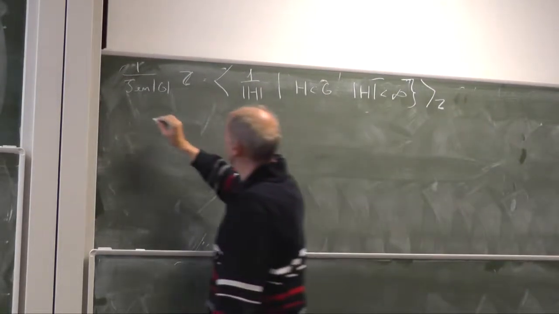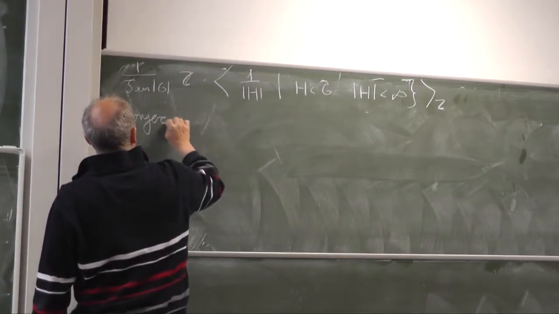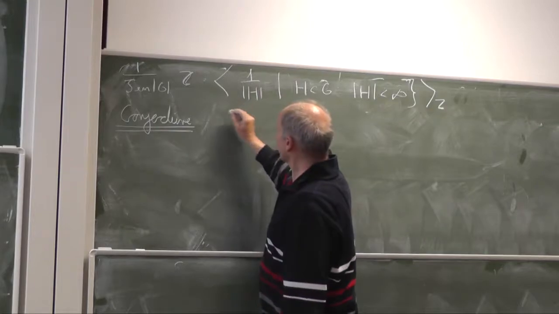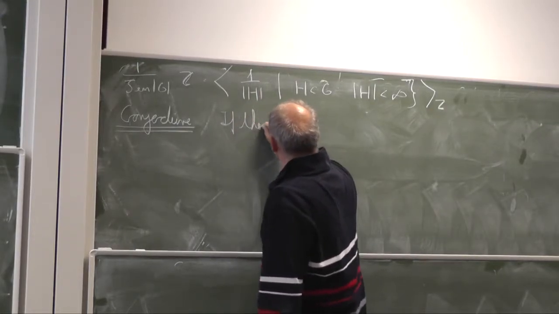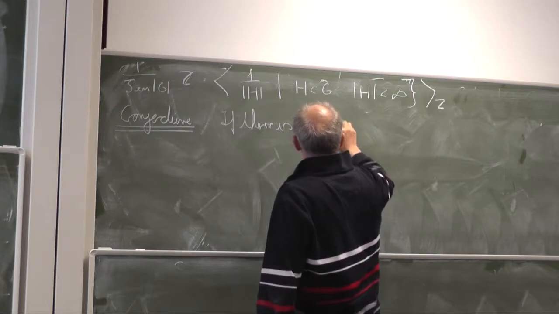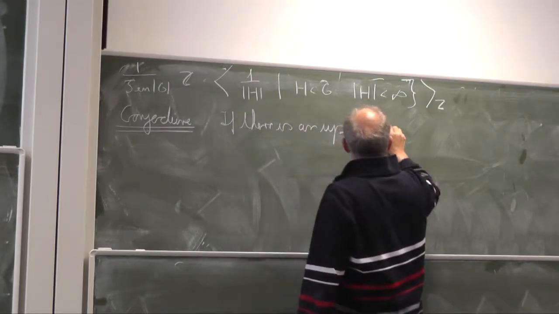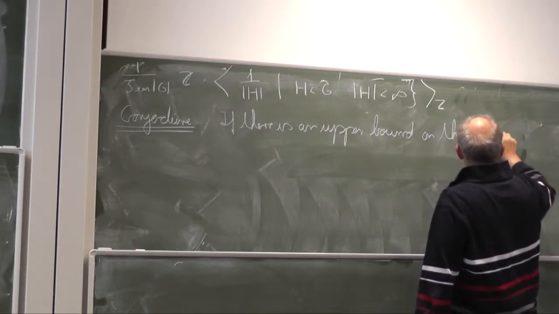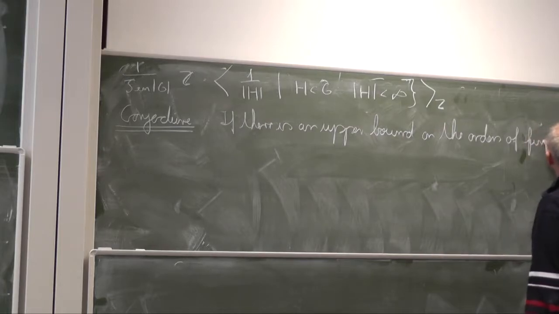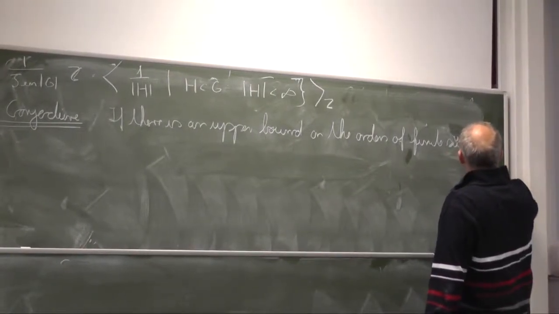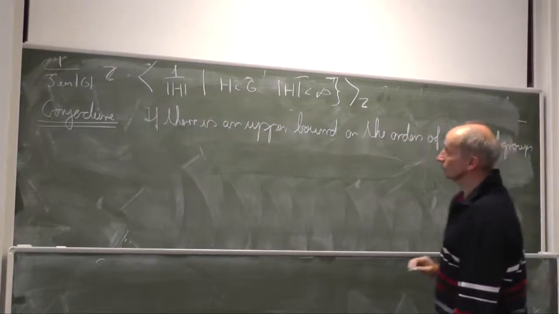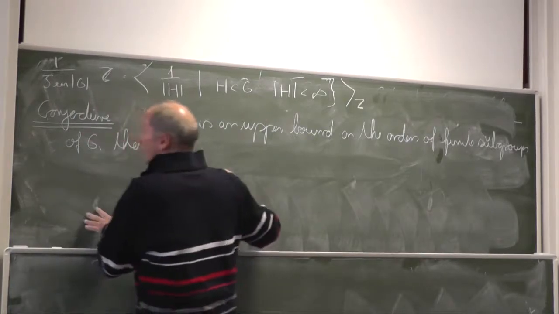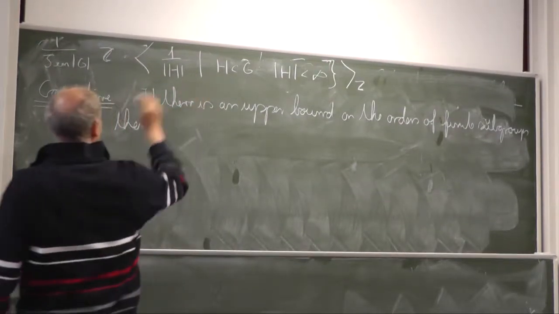And the conjecture is, this conjecture is open, no one knows a counterexample. It has been proven for certain classes of groups. If there is an upper bound on the orders of finite subgroups, then we expect that all these things agree and are equal to that.